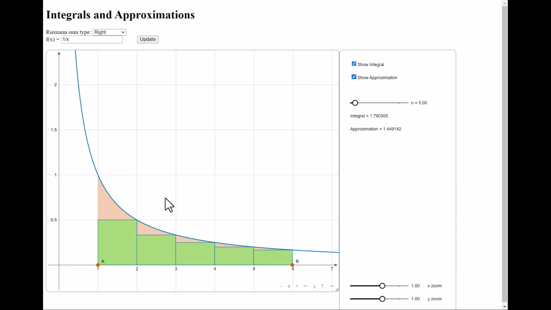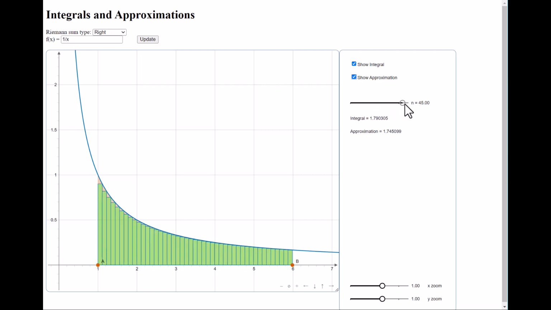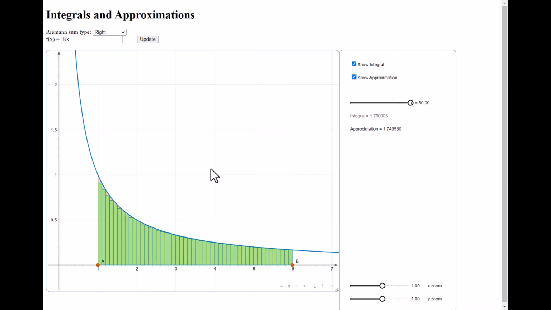and would also converge. Now, the way that we come up with the integral is by allowing more and more rectangles to fit under the curve until we add them all together. So what happens is the left endpoint approximation and the right endpoint approximation end up equaling each other.